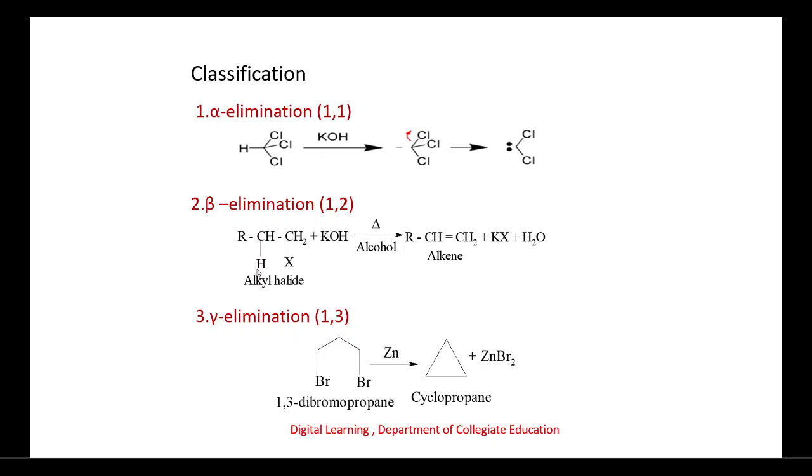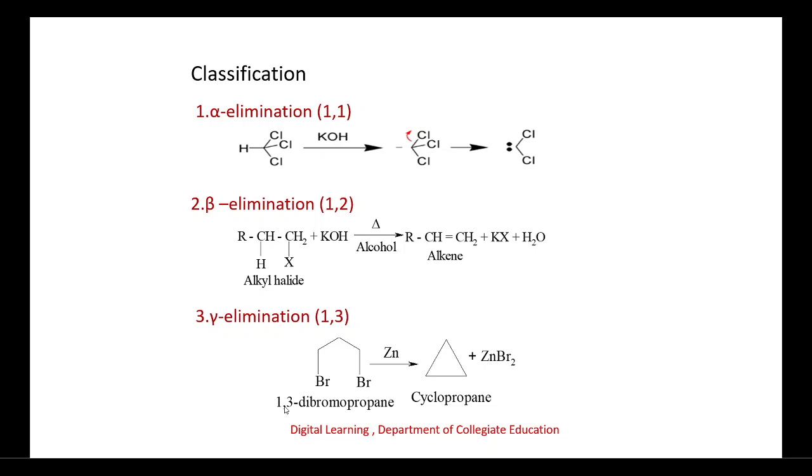Here there is a removal of two atoms from neighboring carbons, and hence it is a beta elimination. Coming to the last, the gamma or 1,3-elimination. When elimination takes place across the first and the third carbon atoms, resulting in the formation of a cyclic structure, we call it gamma elimination.